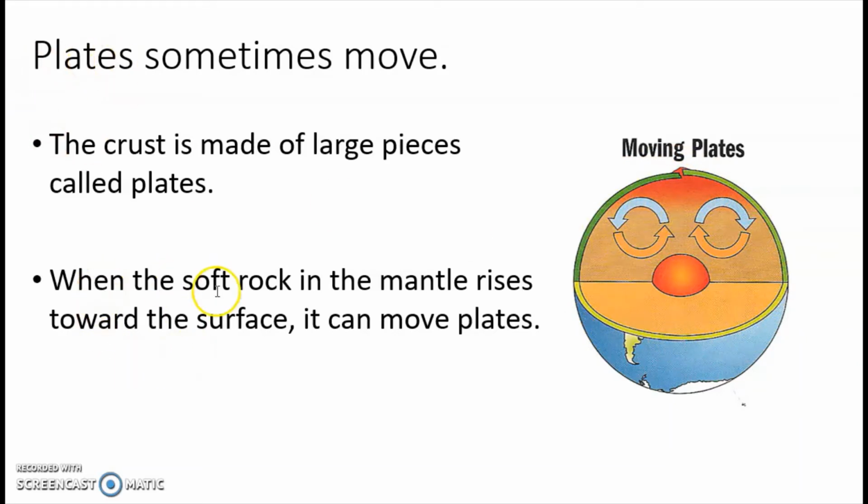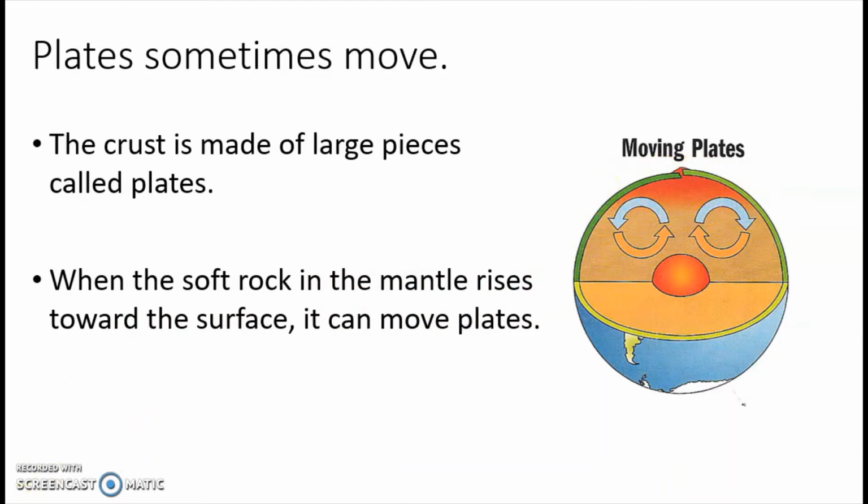So when the soft rock in the mantle rises toward the surface, because the melting rock sometimes goes up toward the crust, it can move plates. Let's read that again. When the soft rock in the mantle rises toward the surface, it can move plates. The plates are on the crust.